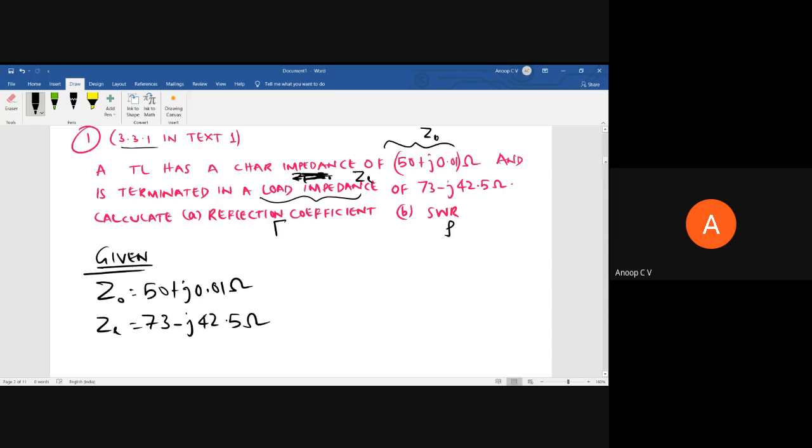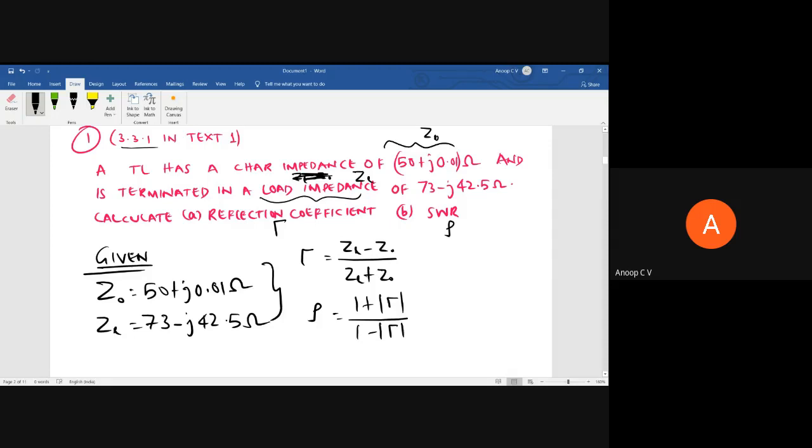We need to find gamma, that is ZL minus Z0 divided by ZL plus Z0, and you need to find rho, that is 1 plus magnitude of gamma divided by 1 minus magnitude of gamma. So these are what you have to find.